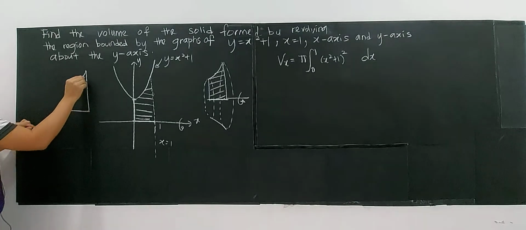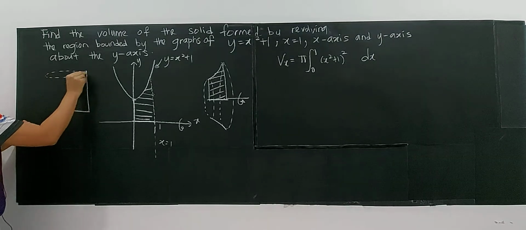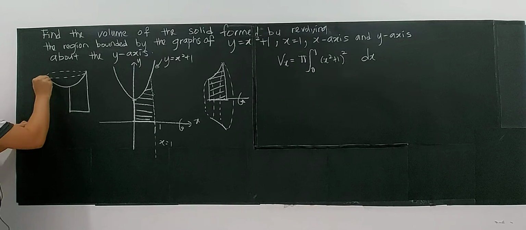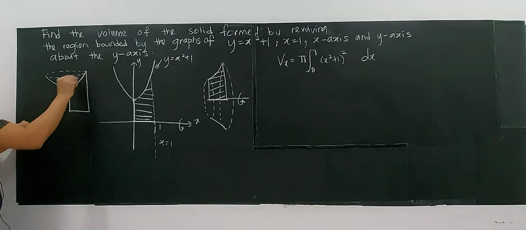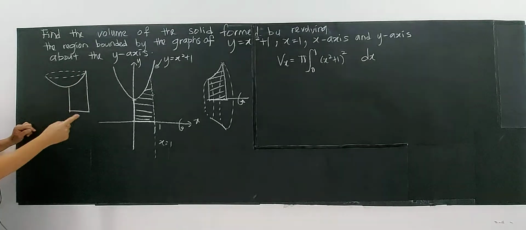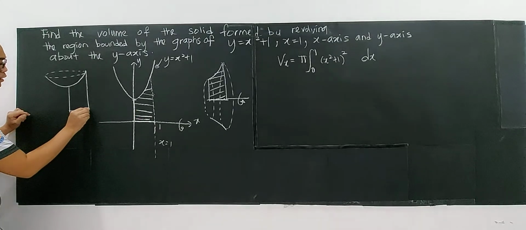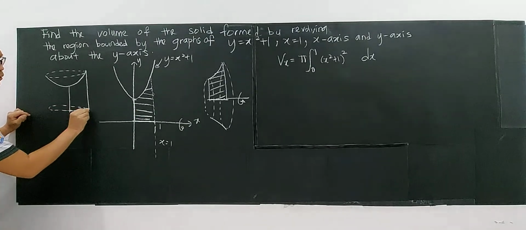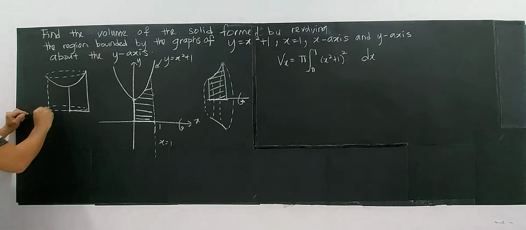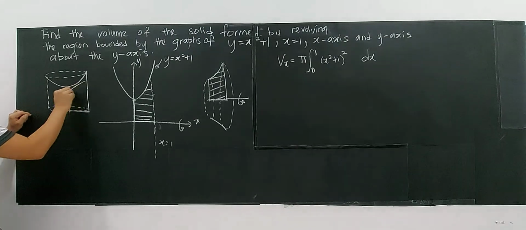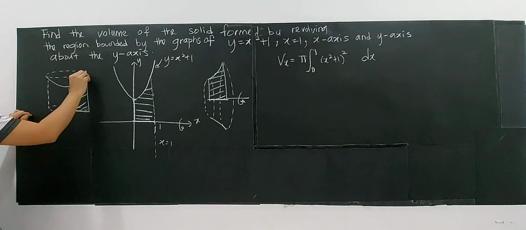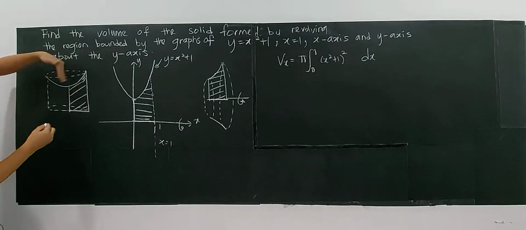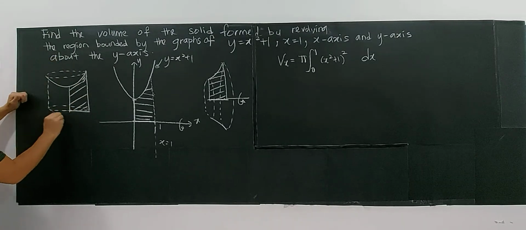It will be formed such that there is a hemisphere here, but it's not actually a hemisphere, and here you have a cylinder. So this is the solid formed, with the inside empty, and this one is revolving.